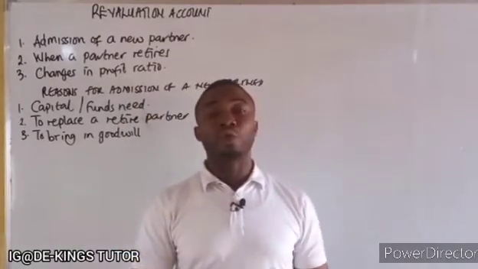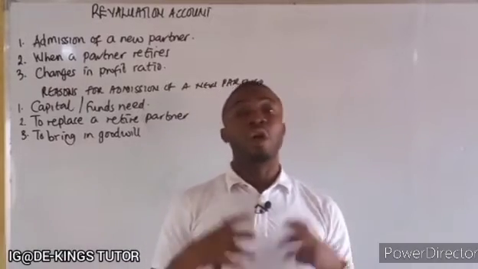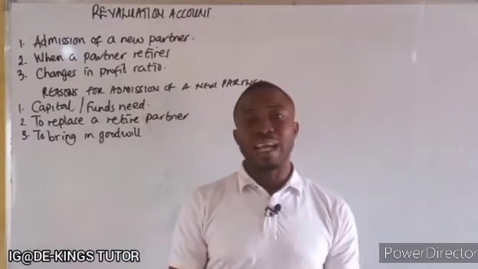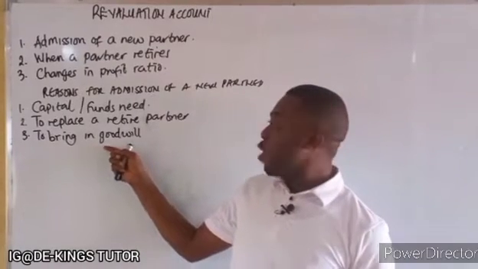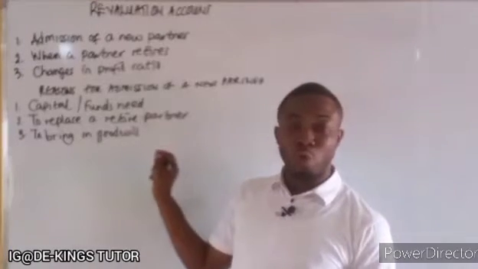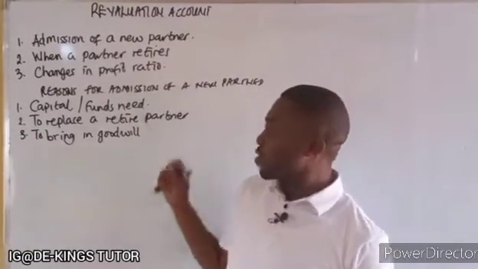So they will have to take time to know how that business has been of importance to the outside world in order to recognize goodwill. That is because the old partner will have to share from the goodwill when it is being retained in the business. Okay, we have talked about goodwill.